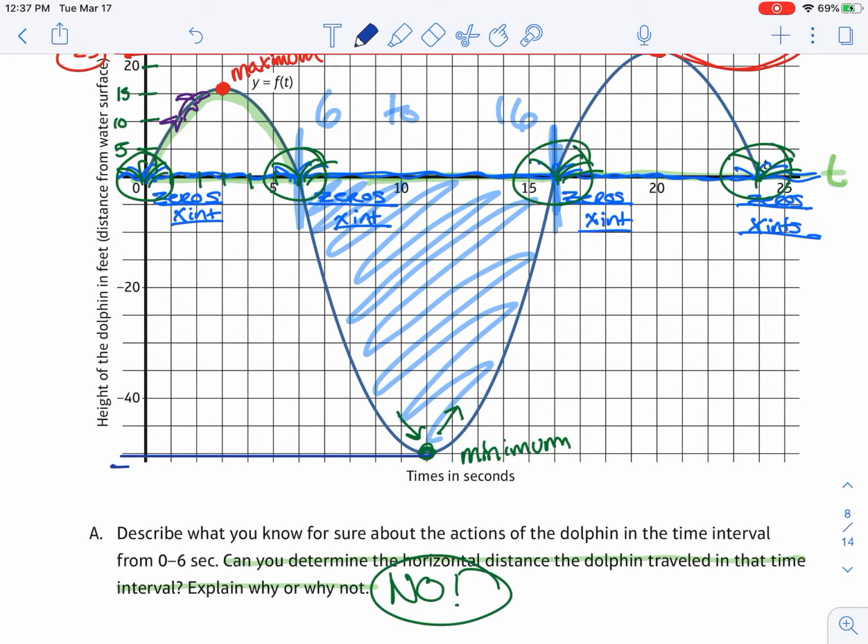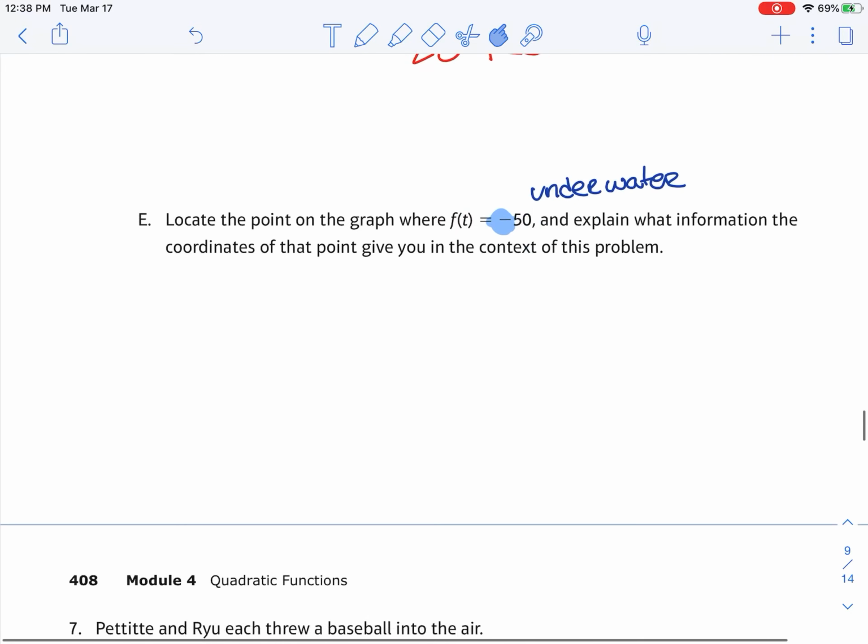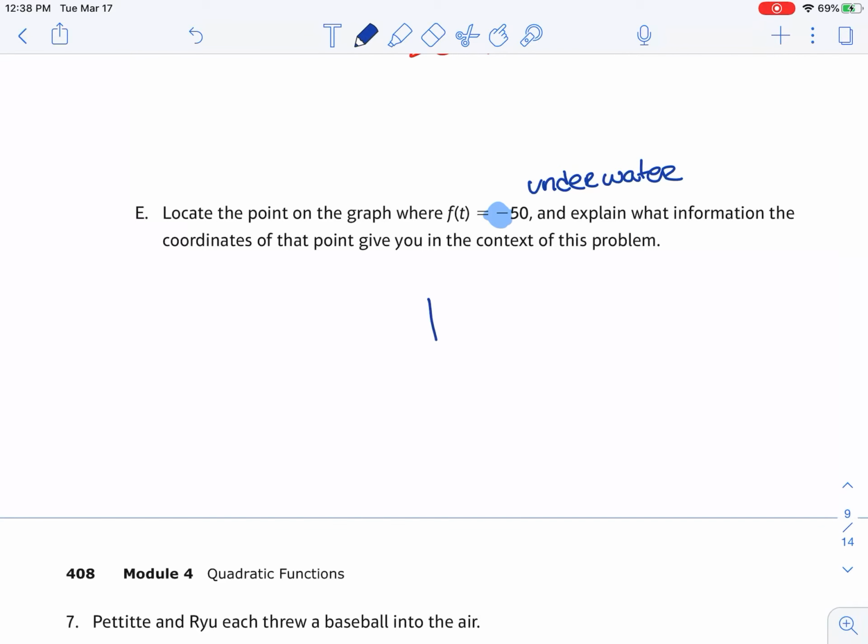But we don't want this y value, we want the x value. So for some of you, you're going to draw the line up to 11, and for some of you, you're going to count 1, 2, 3, 4, all the way to 11. And I want you to label that 11 seconds.